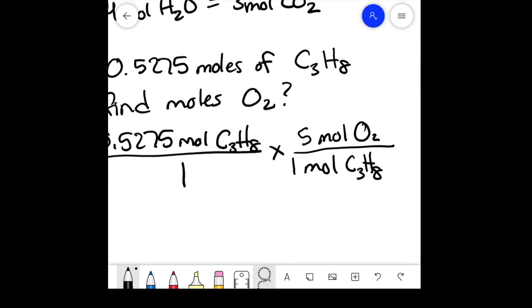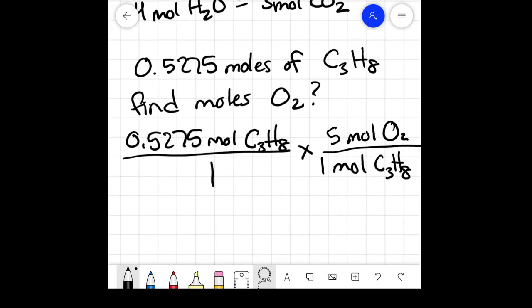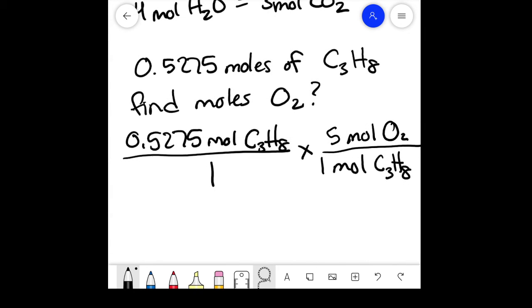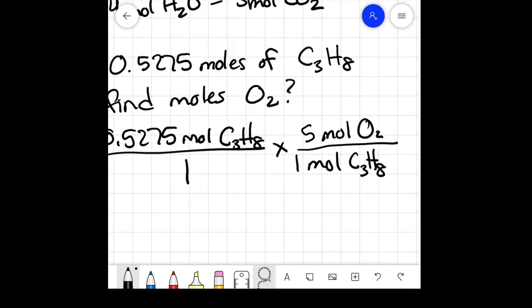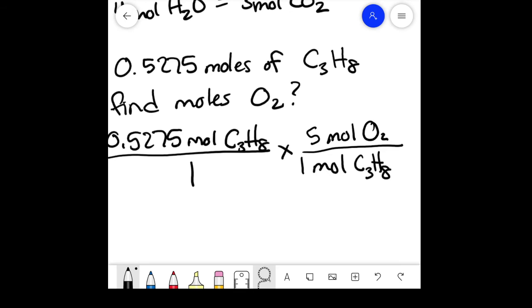And then just put this in the calculator. And when you're doing sig figs, go off your given, or if you're doing it in grams, the gram amounts, because these are exact, they're definitions, so remember that means infinite sig figs, so you don't need to count this.